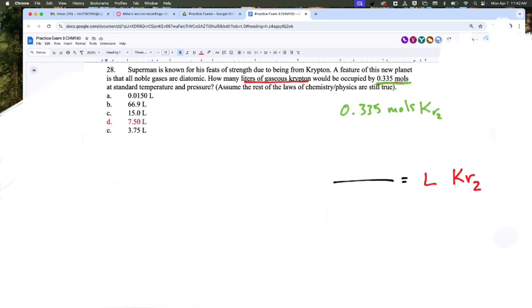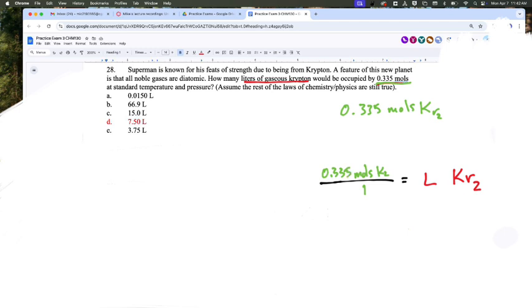Should that go in the numerator or the denominator? Why should it be the numerator? Yeah. Krypton should show up in our numerator in our answer, so starting with our moles of krypton in the numerator makes sense. Okay? The given piece of information was just a single thing, which then means it's all going to be over 1.